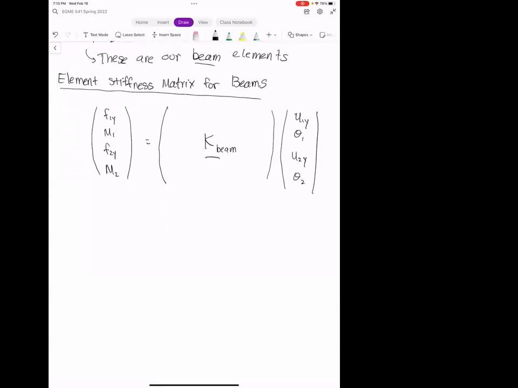For these beams, we actually base this off of Euler-Bernoulli beam theory. So in other words, they're based off this equation here.